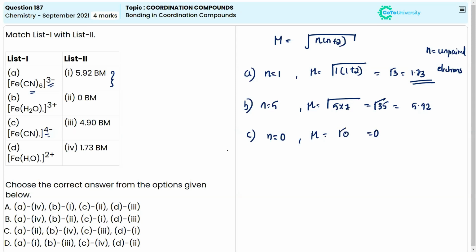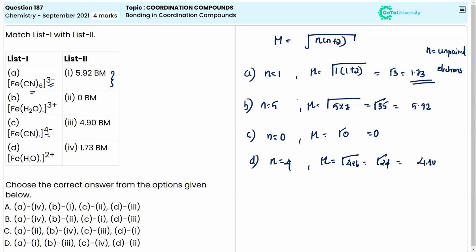Now the last one, [Fe(H2O)6]2+. Here the n value will be 4, so the mu value will be square root of 4 into (4 plus 2), that is 4 into 6, square root of 24, which is equal to 4.90.